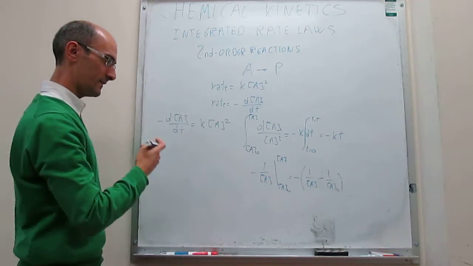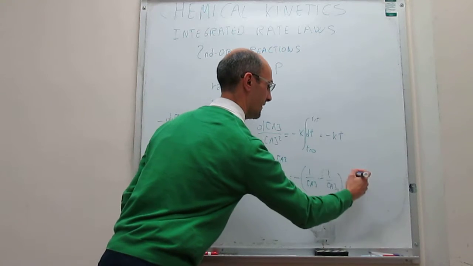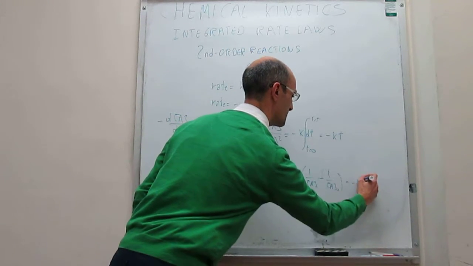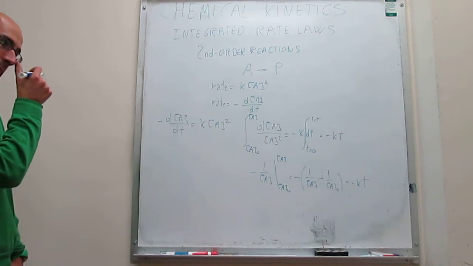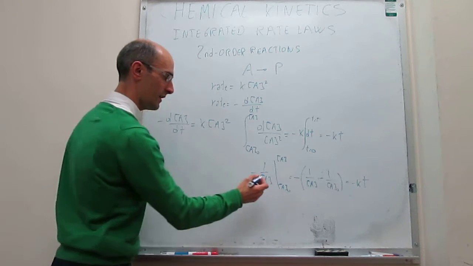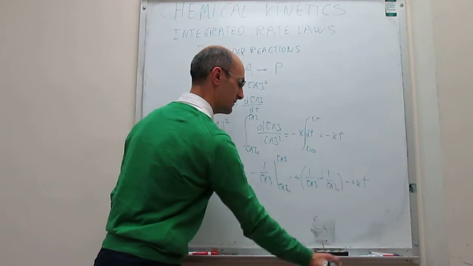And this is equal to the right-hand side of the expression, which is minus kt. So these two negative signs cancel each other out.